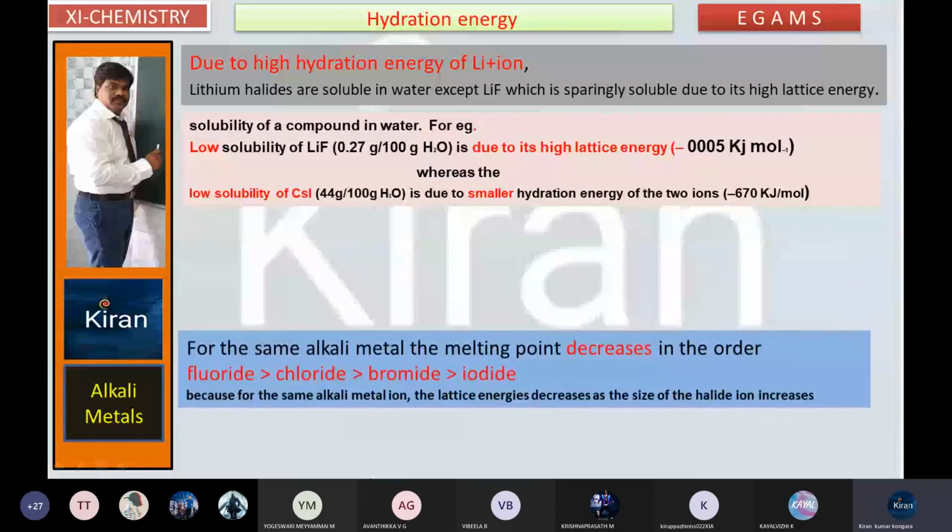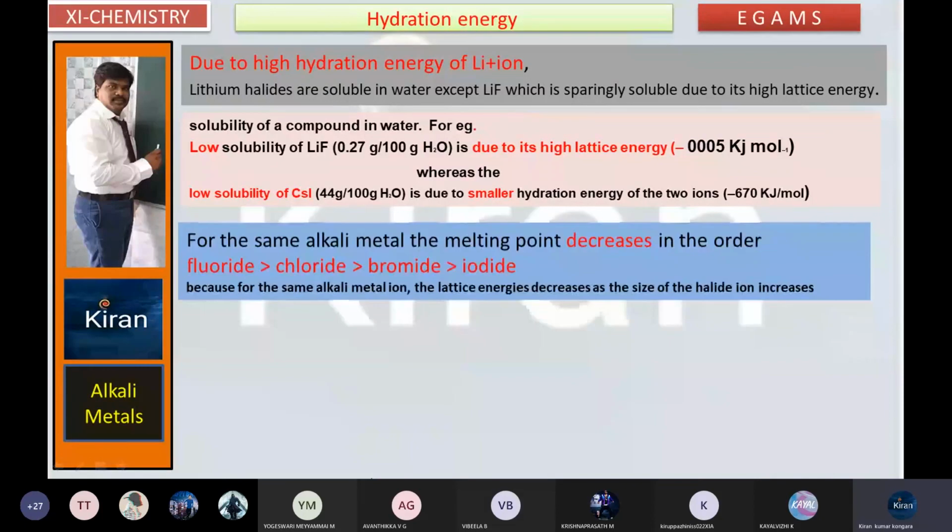Now, observe carefully. Next one, for the same alkali metals, the melting point decreases in the order: fluoride, chloride, bromide, and iodide. Is it right? Fluoride has less size than chloride.